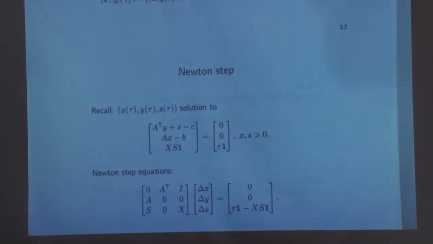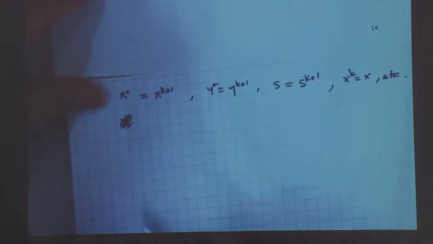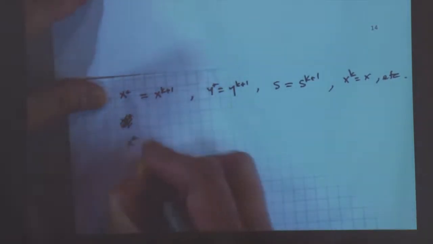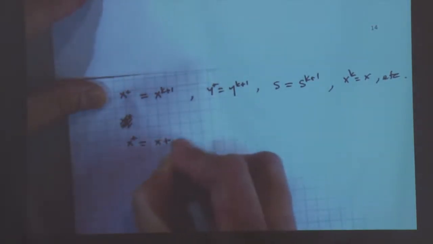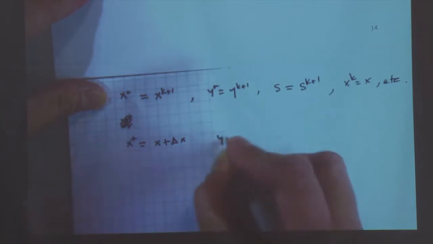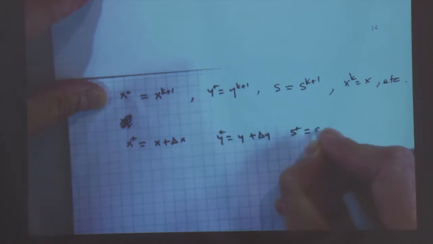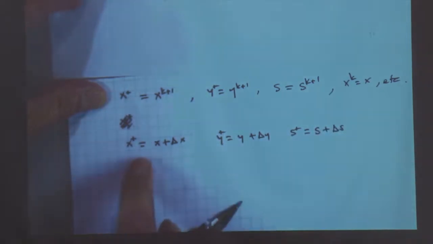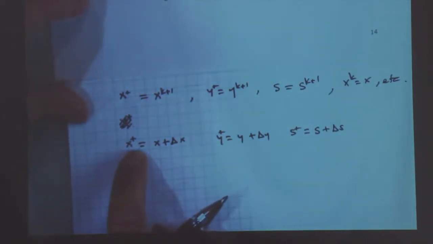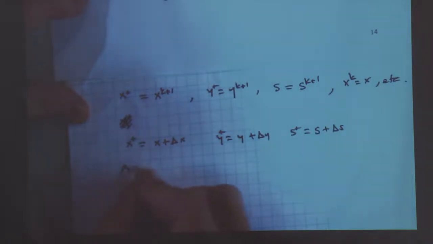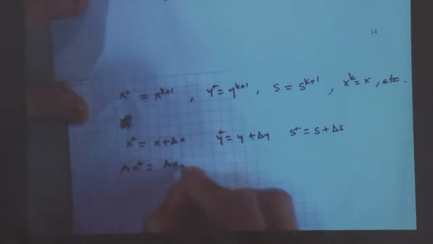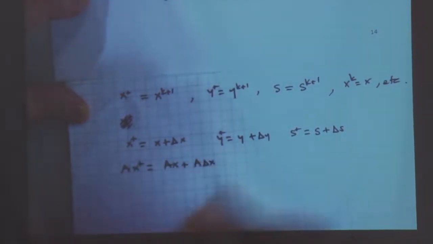So if you think about what happens to x plus, x plus is x plus delta x, y plus is y plus delta y, and s plus is s plus delta s. So what happens to A x plus? A x plus is A x plus A delta x.